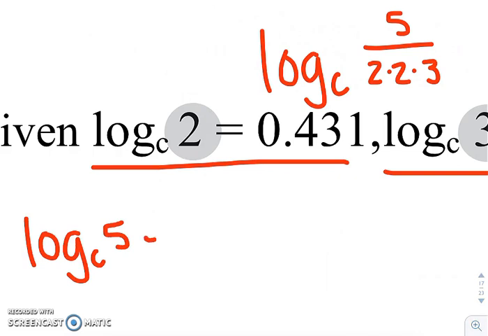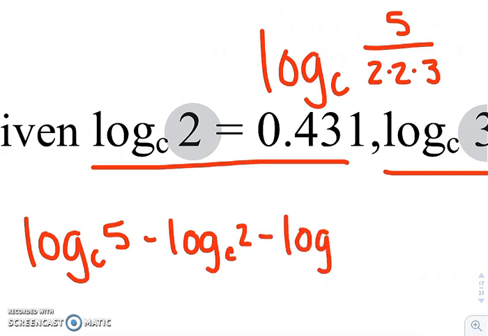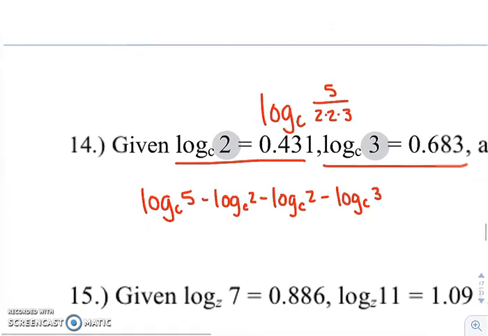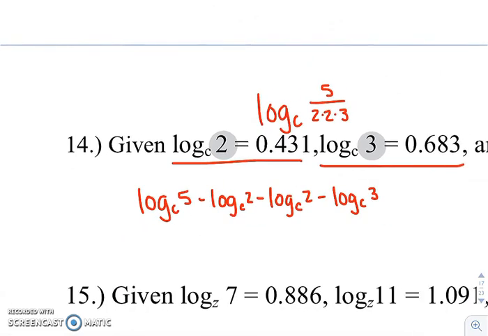So all of these on the bottom, so our first log base c of 2 minus the second log base c of 2, and then minus that log base c of 3. So that would be like the expanded form of that, and we're given those decimal values.